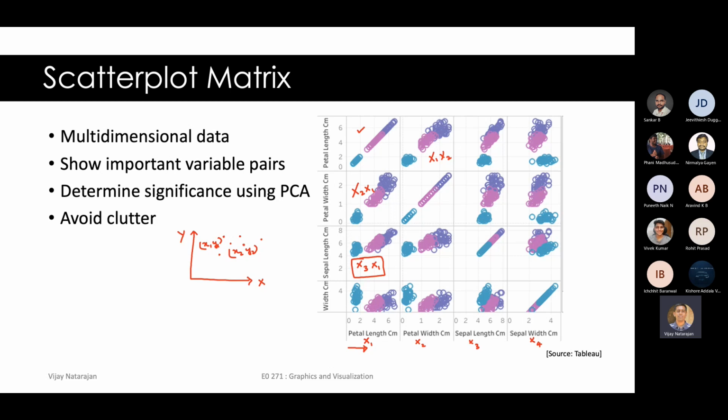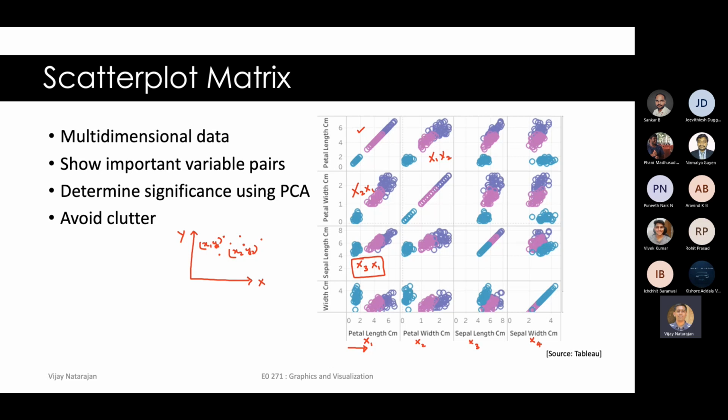For example, the correlation coefficient together with some other statistics in the upper triangular part of the matrix, whereas the lower triangular part shows the scatter plot. There are variants such as this. So the scatter plot matrix is another very useful visualization technique for high dimensional data. This is also supported in many visualization tools.